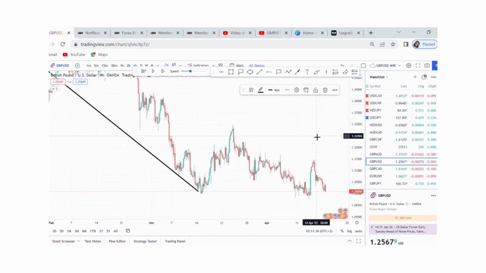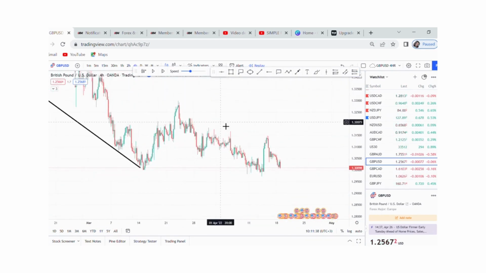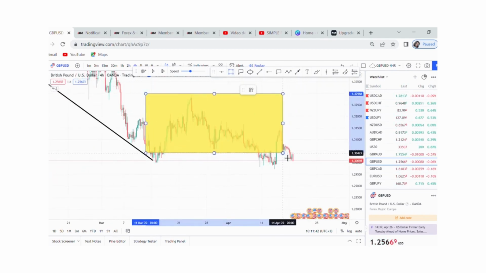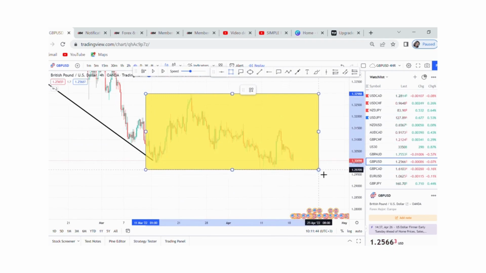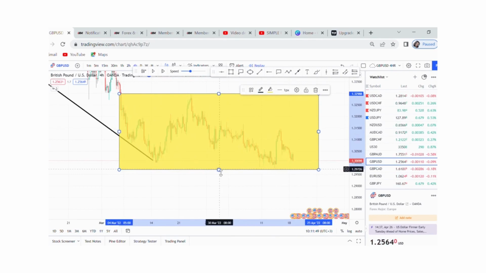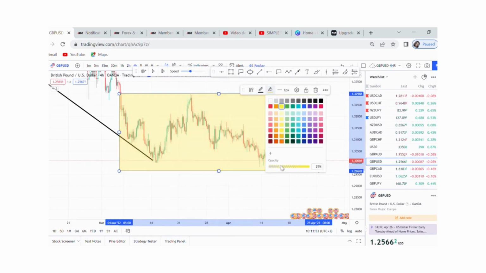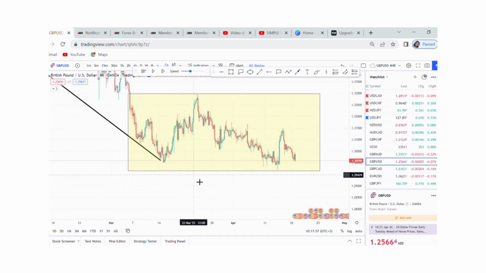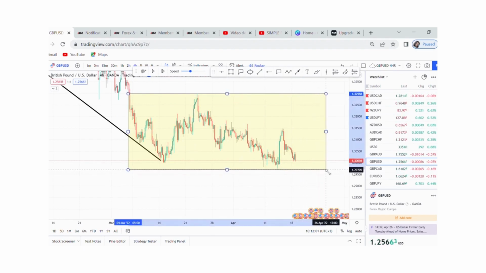You identify that the market was not able to break this box for a very, very long time, since March and now April, for like 2 months. So you just put that box, and you say, if the box breaks.